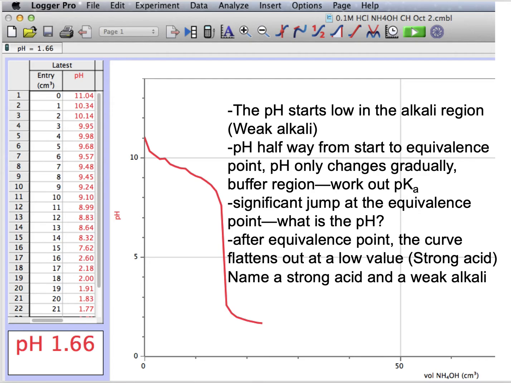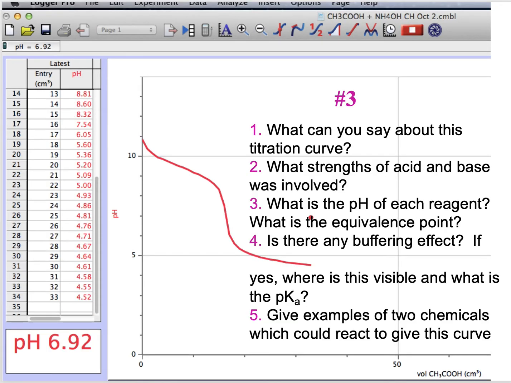Again, it's important to analyze first, have you got a weak acid or a strong acid that are reacting? The pHs on the graph will tell you that. Number 3, again, pause to see what the answers are going to be there. Hopefully you'll be reinforcing the strength of the acid or the alkali that are reacting.